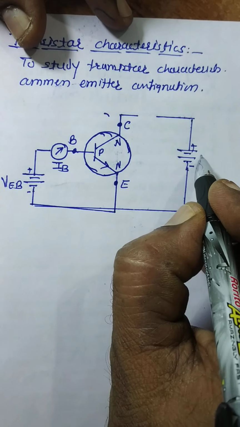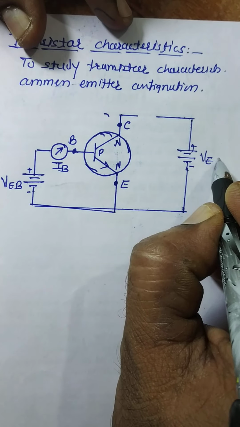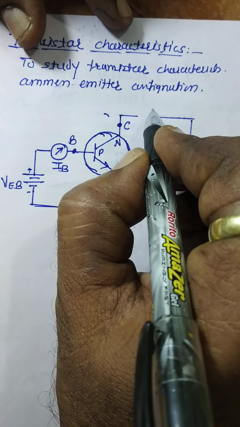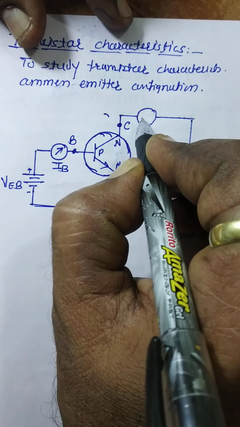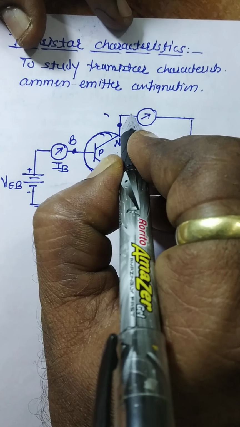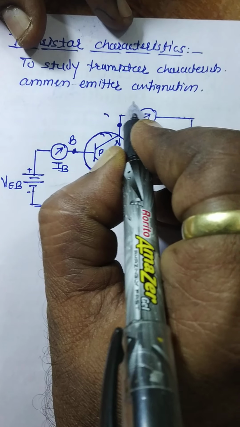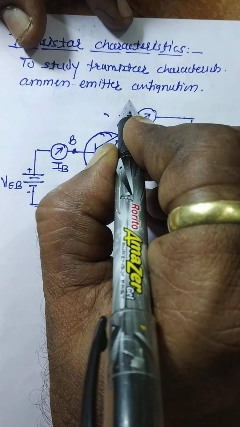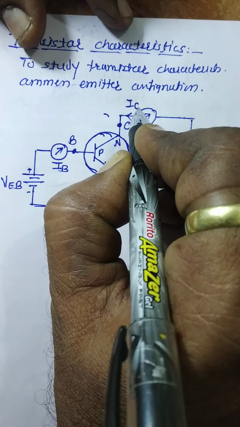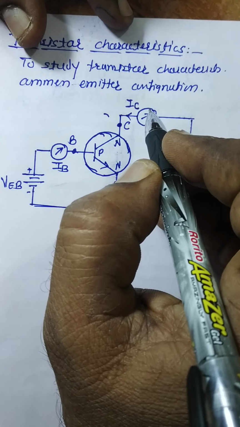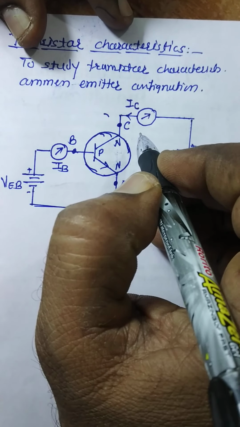Positive, negative, potential between emitter and collector. Here is the collector current, that is IC. Collector current IC.